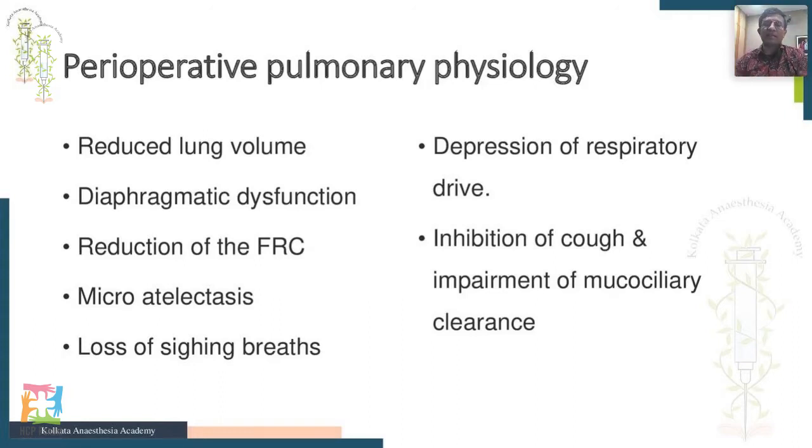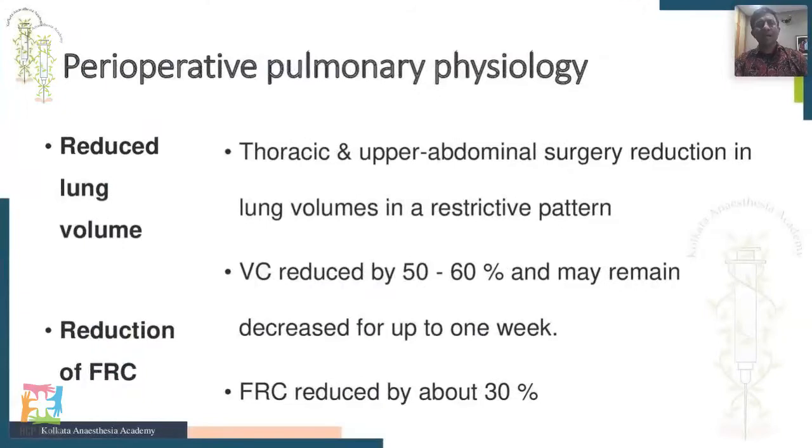And the last two are not essentially mechanical causes, but due to the effect of drugs during the anesthetic course. Reduced lung volume, reduction of FRC typically happens more in thoracic and upper abdominal surgeries.